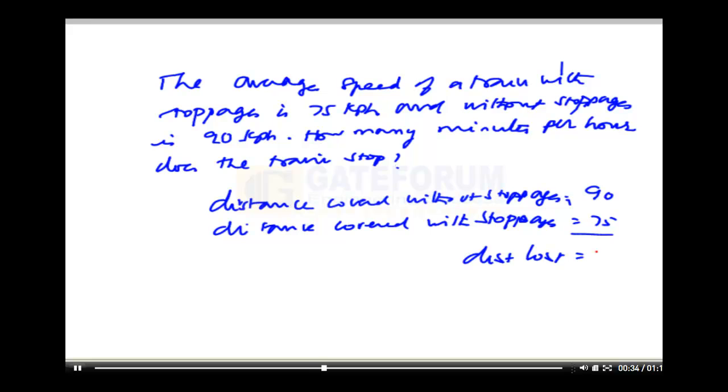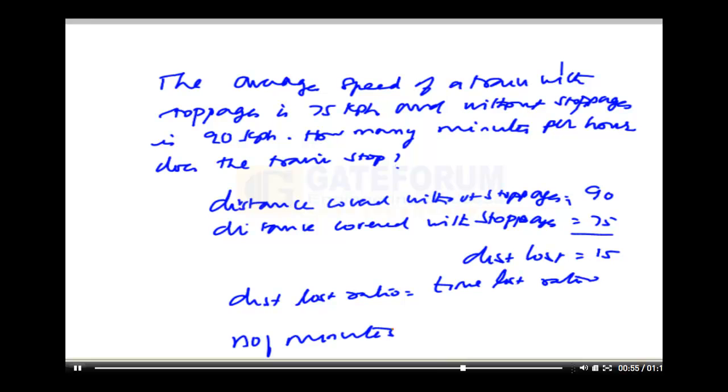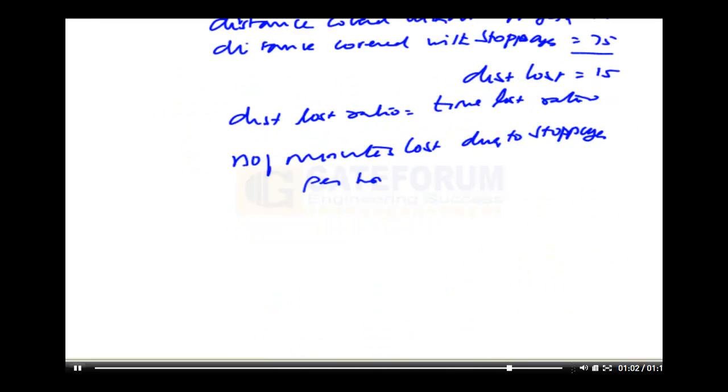Therefore, the distance lost due to stoppages is 15 kilometers. So, distance lost ratio is same as time lost ratio due to stoppages. So, number of minutes lost due to stoppages per hour will be 15 on 90 into 60.